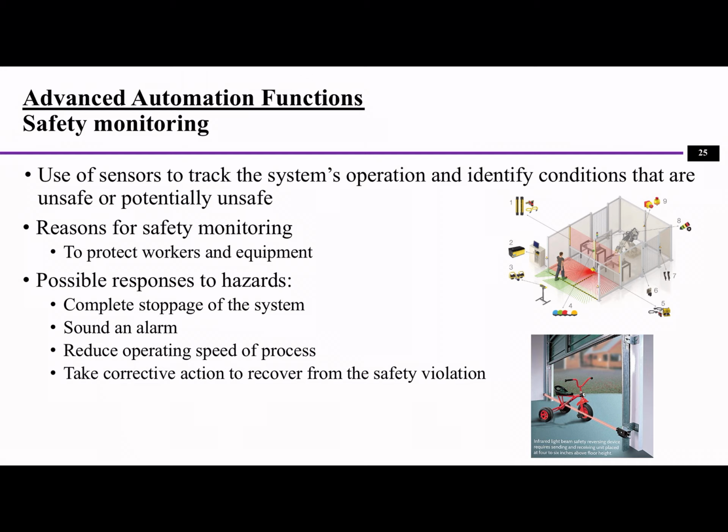So we can implement safety functions or monitoring or sensors to provide feedback to the control system so that it can detect any potentially unsafe environments and then quickly either stop the process or create different responses, like sound an alarm, or reduce the speed, or some other corrective actions.